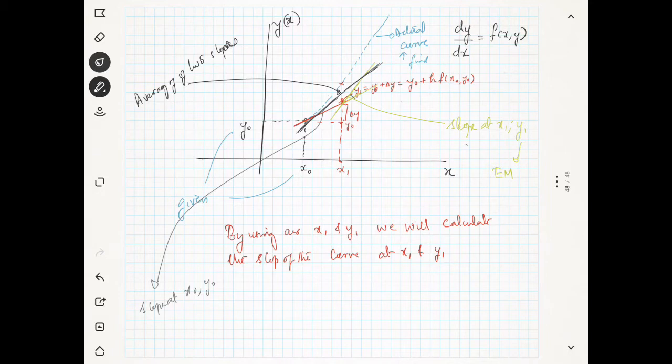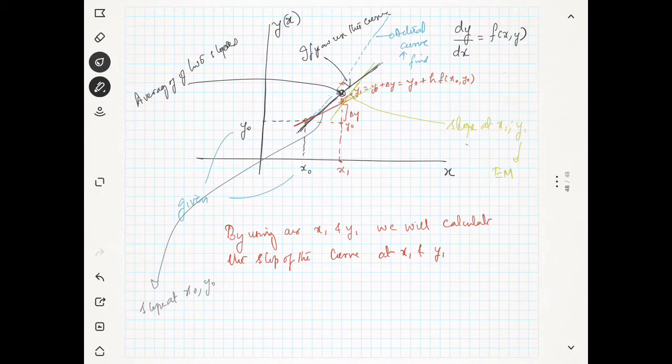Now if you use this particular curve, you can approximate somewhere here and it is more close to the solution. So you can reduce the error by using modified Euler's method.